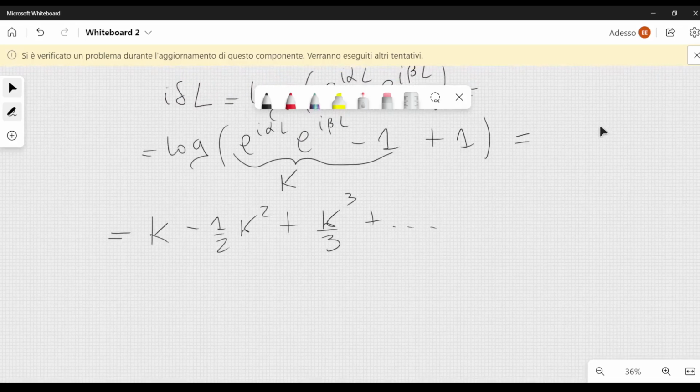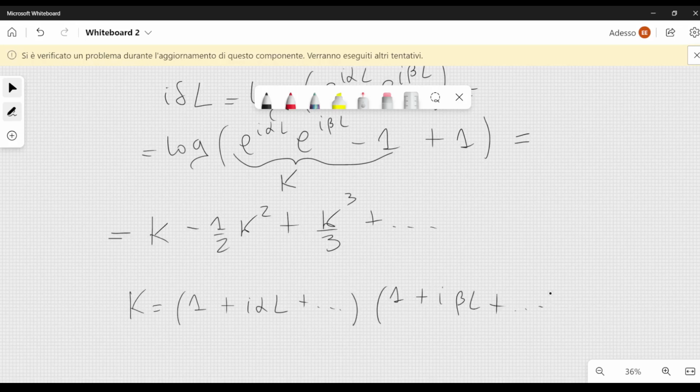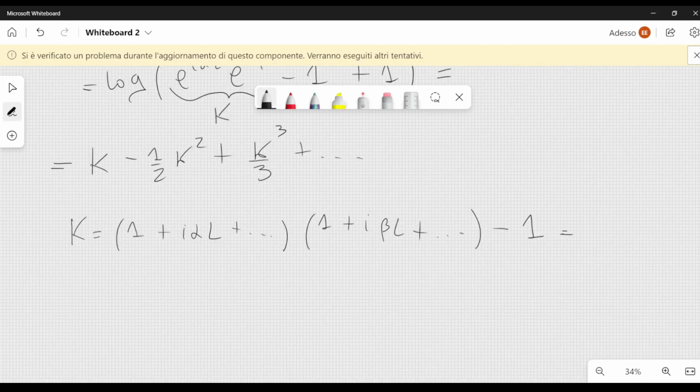If you take a look at k, which is equal to this expression, we assume that alpha and beta are small, we can rewrite it as 1 plus I alpha L plus dot dot dot, multiplied by 1 plus I beta L plus dot dot dot, minus the identity.